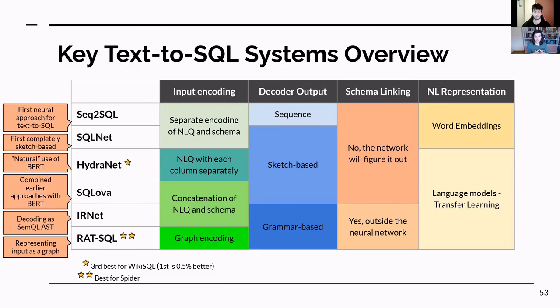Then IRNet introduces the new intermediate language, SemQL, for understanding the NL query. And then we see WriteSQL with the main characteristic being that it represents the schema graph as a graph essentially in the input. And that gives it the great benefit. Actually, it's now the best system for the Spider benchmark.